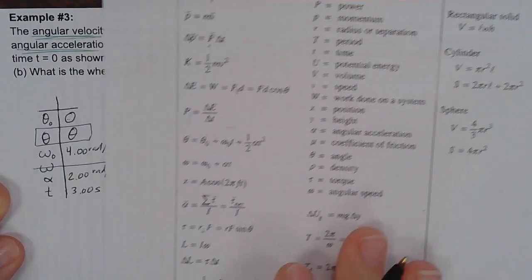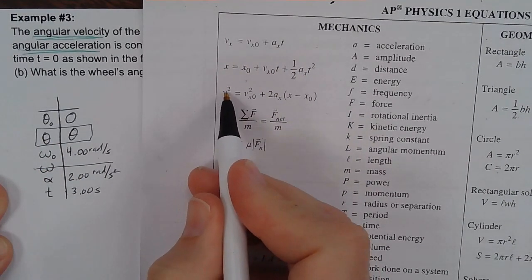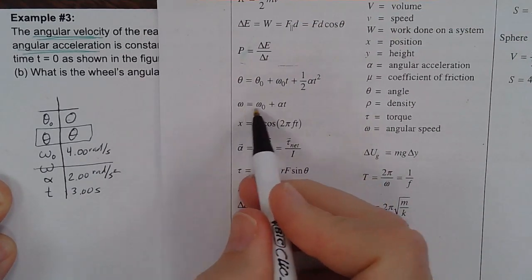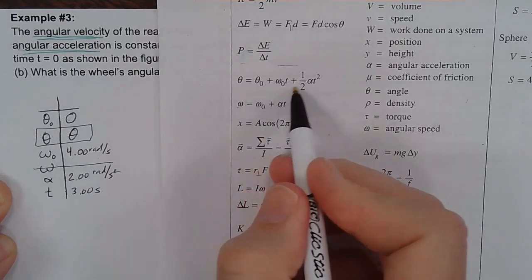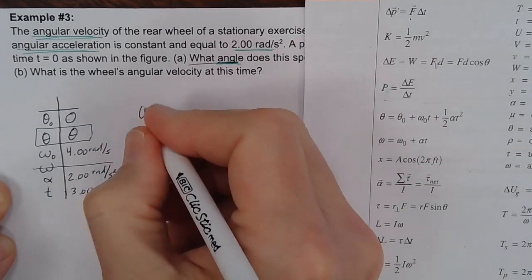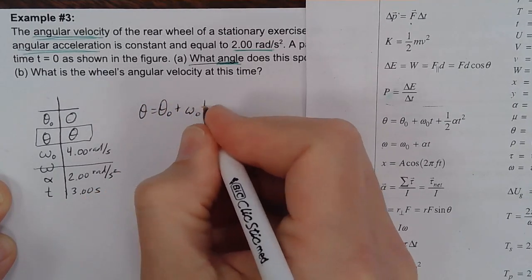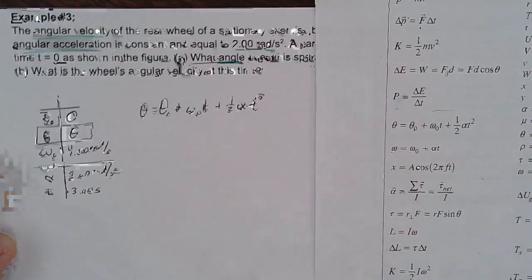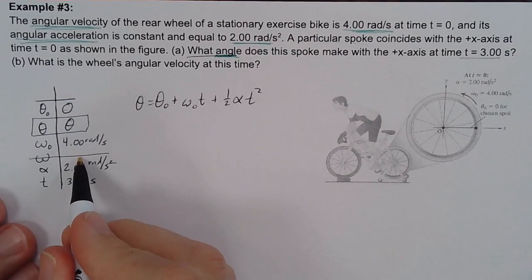Okay? Now, in this situation, we want the one that does not have omega in it. So this kinematics equation has the omega right there. And so I'm going to choose the equation theta equals theta naught plus omega naught t plus 1/2 alpha t squared, because that's the only one that doesn't have the one variable that I don't have and don't care about.